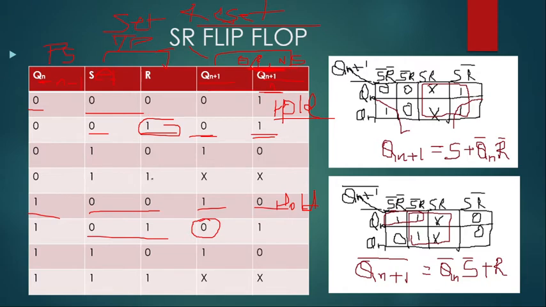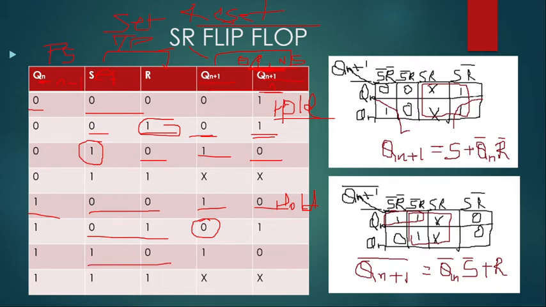Why? Because it is reset. So if output is 0, then output bar will become 1. Next is when S is 1 and R is 0. At that time the set condition will take place. Set means output is 1 and output bar is 0.